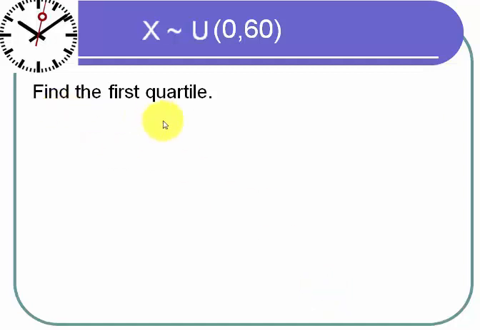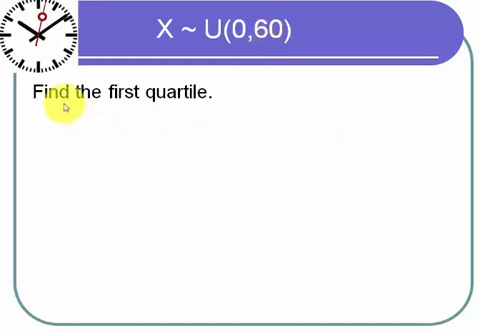So let's look at another example. Let's find the first quartile for the same question. And by the way, this notation, X tilde U(0, 60): X is the random variable, the tilde means has the distribution, U means uniform, 0 means the lower bound is at 0, and 60, in this case, means the upper bound is 60.